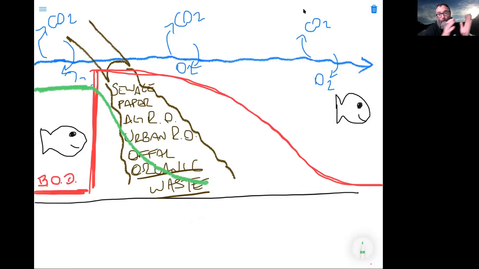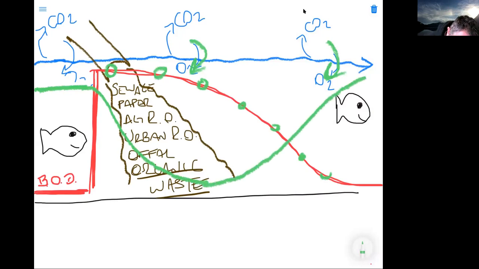And as the water moves downriver, there will be more oxygen coming in. And you can see that there's less and less need for oxygen for the microbes. They're not using as much. So over time, oxygen levels would recover moving down the river. This is the level of dissolved oxygen.